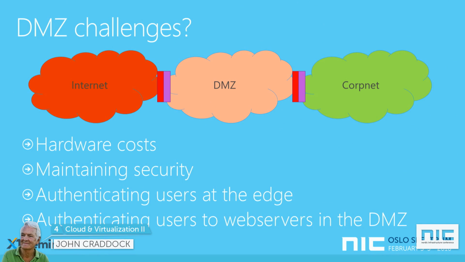And then authenticating users at the edge. It would be very nice that actually before you can even get onto our network at all, not even get into the DMZ network, it would be nice if we checked out who you are. All right? And then you've got to have a device at the edge which is capable of actually authenticating. And then if you manage to do that, how do you get single sign-on when they come through, do the authentication at the perimeter, and then come through to the application, achieving SSO there?